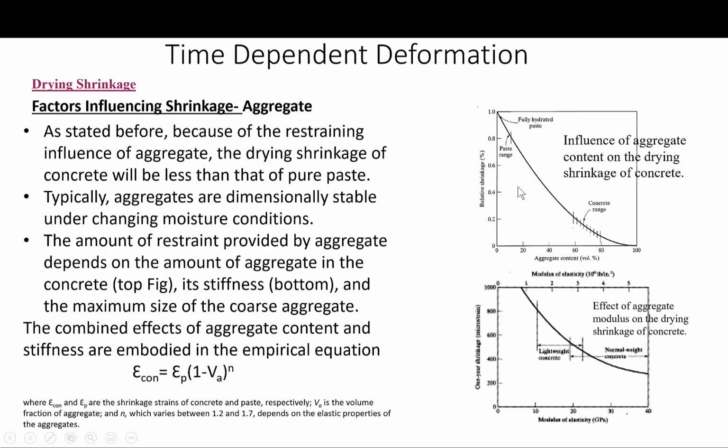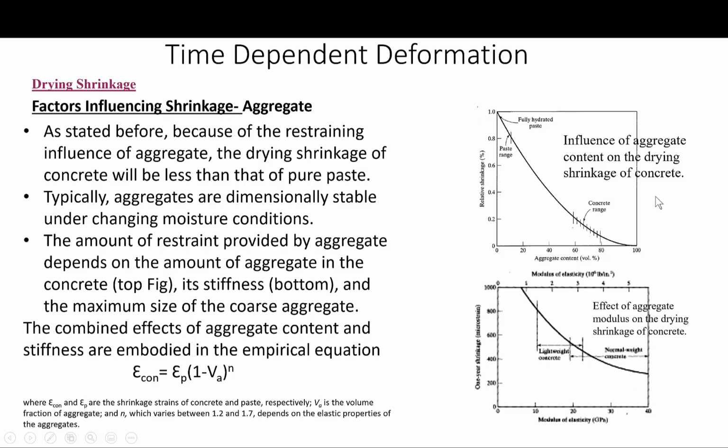As you can see here on this figure, on the top figure right here. Basically, this is the relative shrinkage, and as you see, there is a decrease, and this is the aggregate content. This is the range basically of the concrete, between 60 to 80% by volume are aggregates.